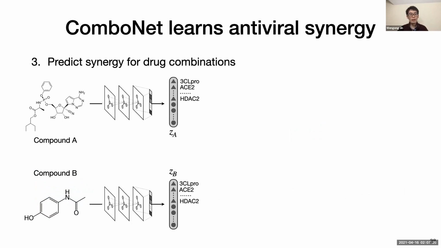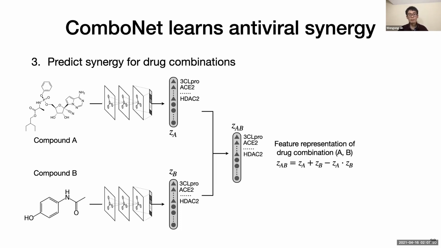Now, the last part is to predict synergy for two compounds, right? So now what we need to do is first get this feature representation for drug A and B separately. Then I can learn to combine them into a single vector by this equation.